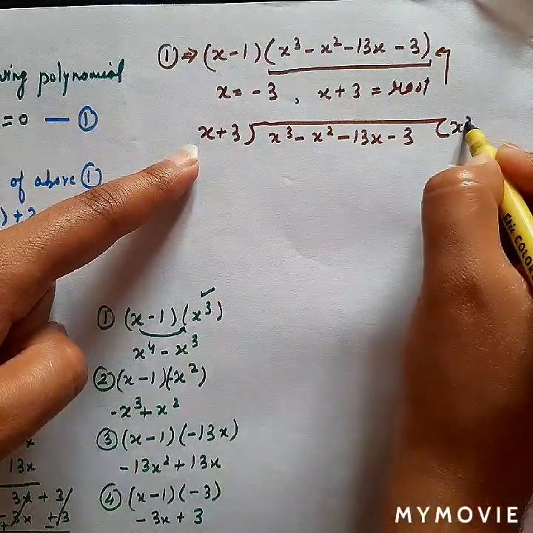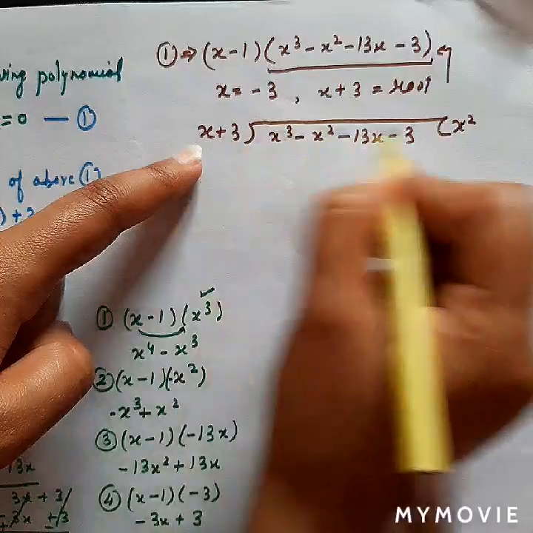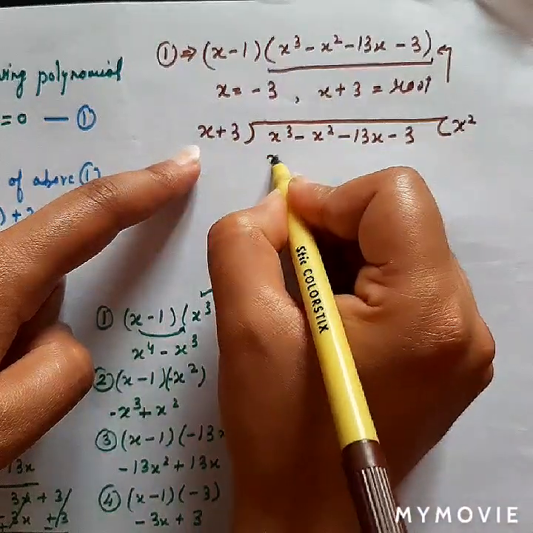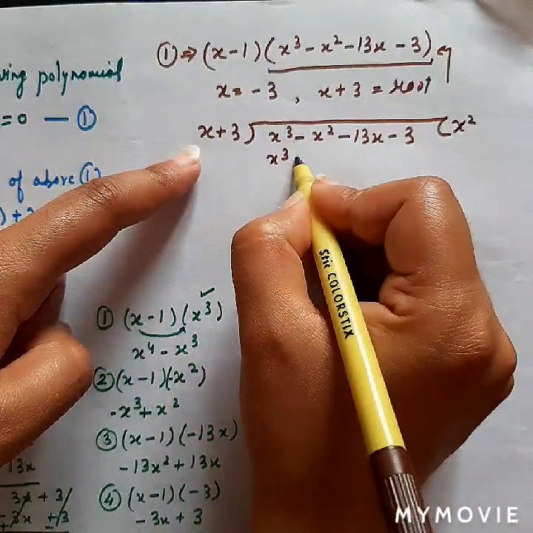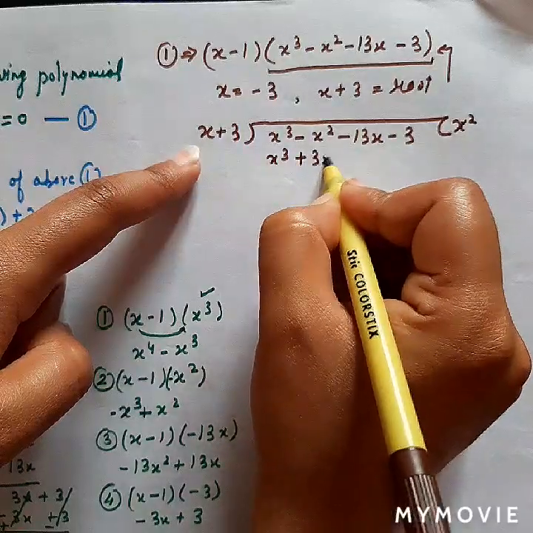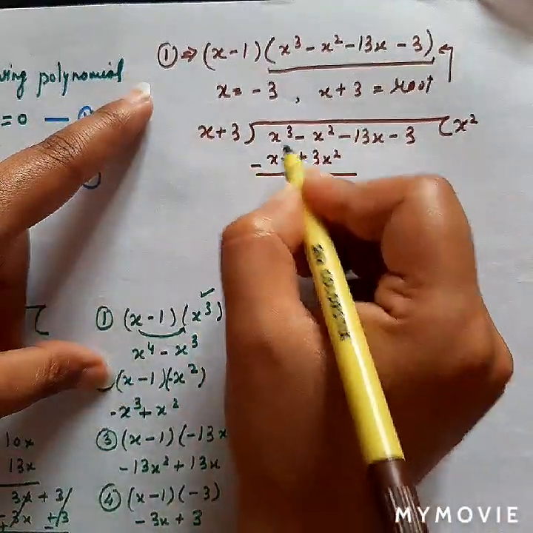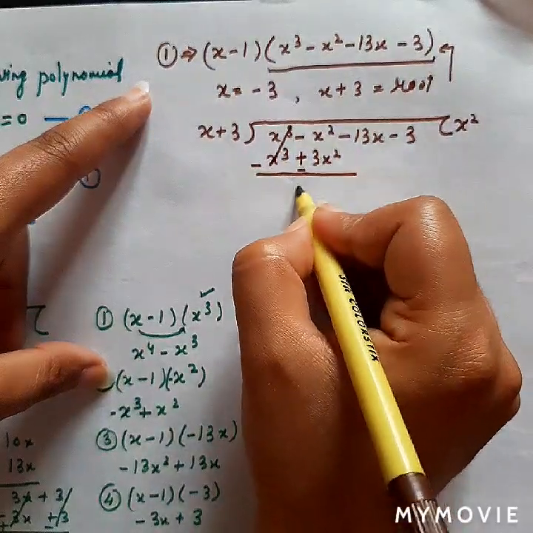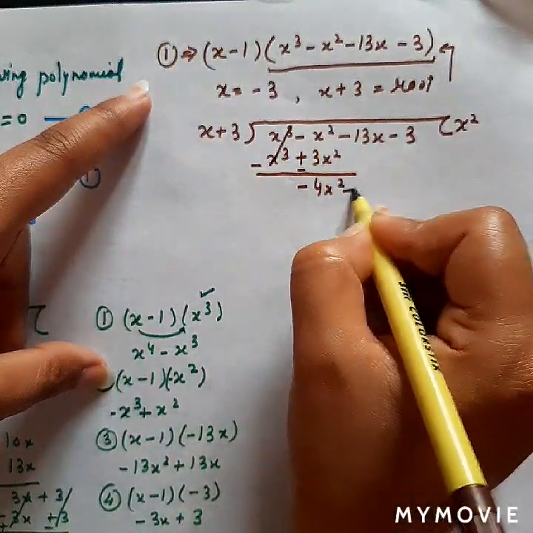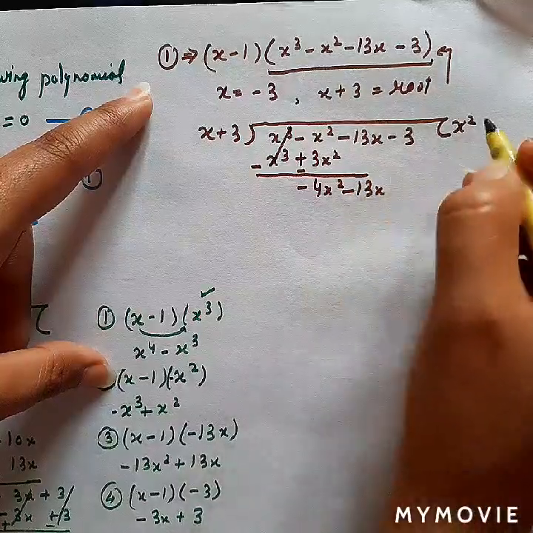Let me write over here x square. When it is multiplied with this, I will have x cube plus 3x square, right, minus, it will be cancelled out here, minus minus plus 4x square, take 13x from above.